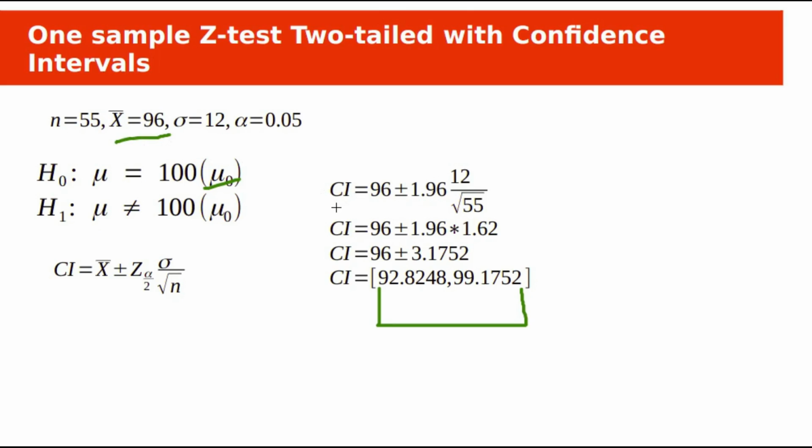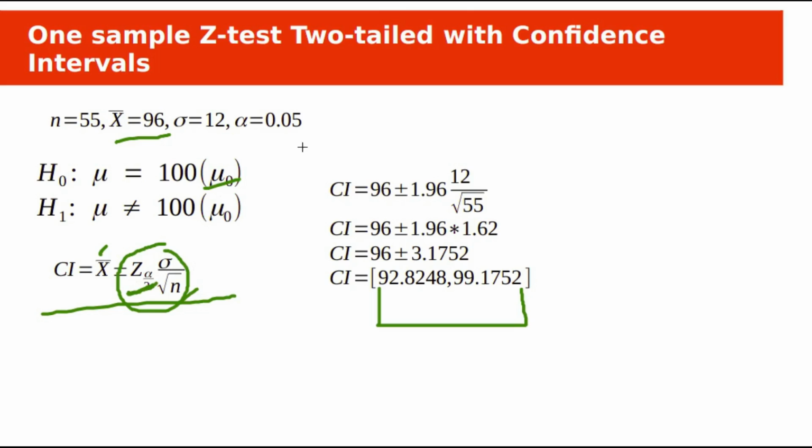Confidence interval can be calculated by using this formula: x bar plus or minus z alpha by 2 times sigma by square root n. This entire thing is the margin of error. Here z alpha by 2 is the z critical value for 95% confidence level in two-tailed test. This x bar is the sample mean, sigma is the population standard deviation, and n is the sample size.